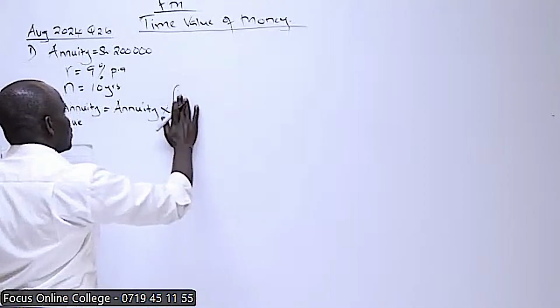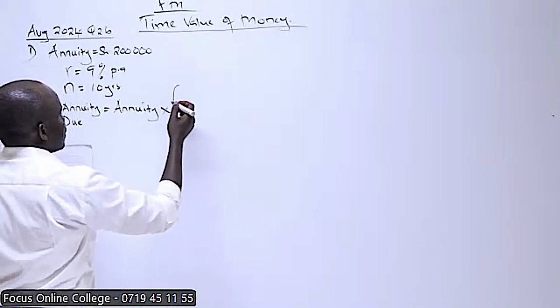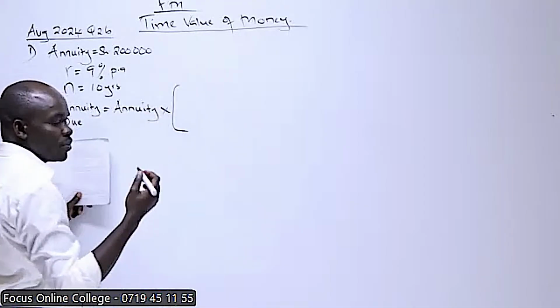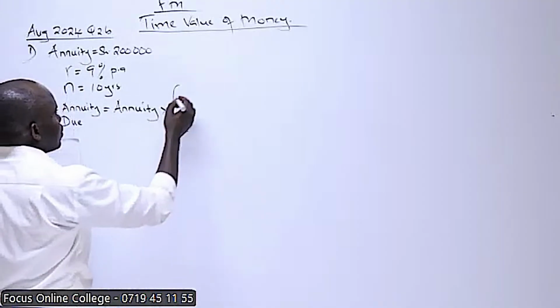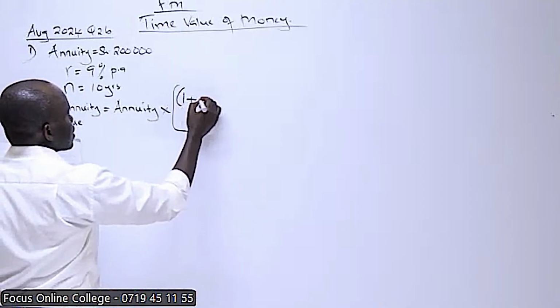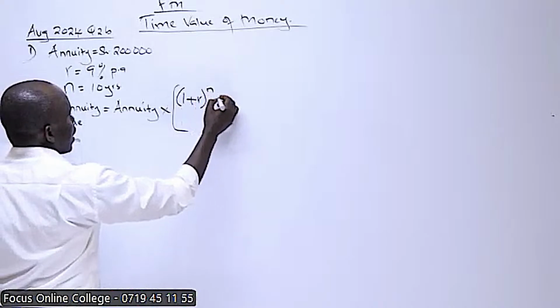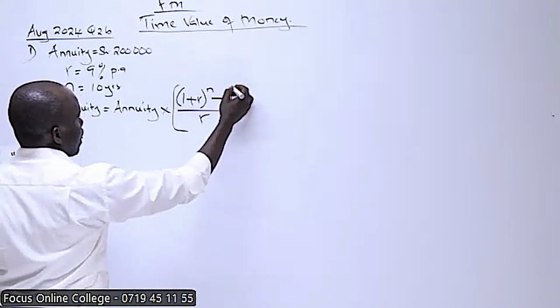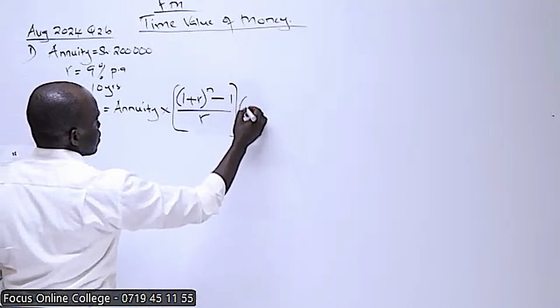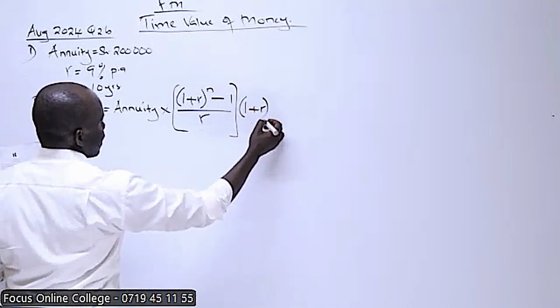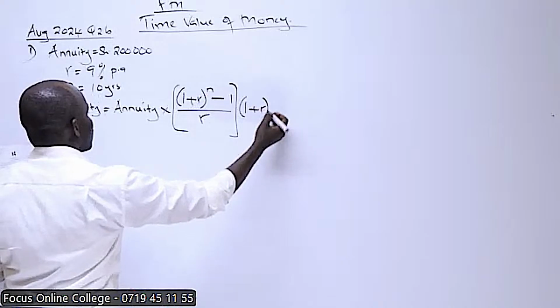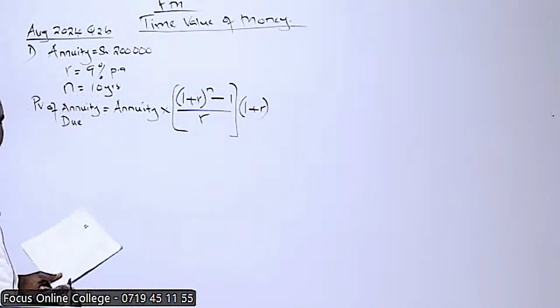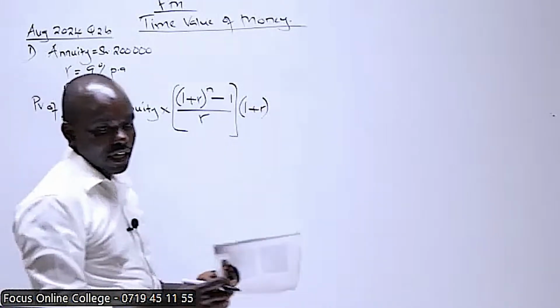We are computing the future value, not the present value. So 1 plus R power n minus 1 over R times 1 plus R. That is the formula that we said for future values.